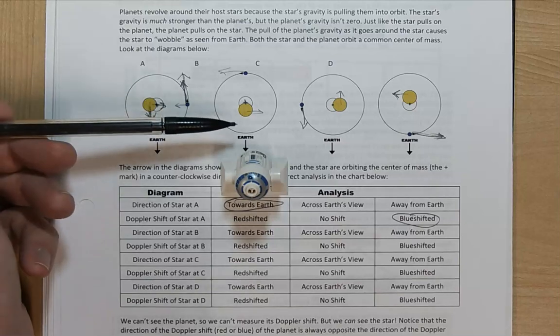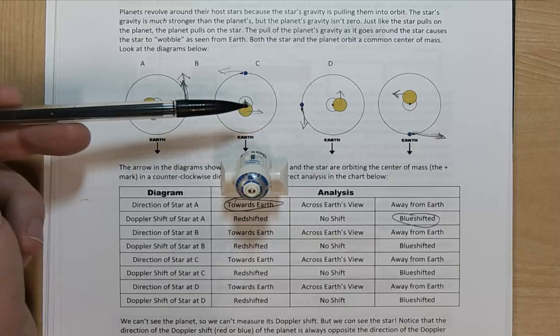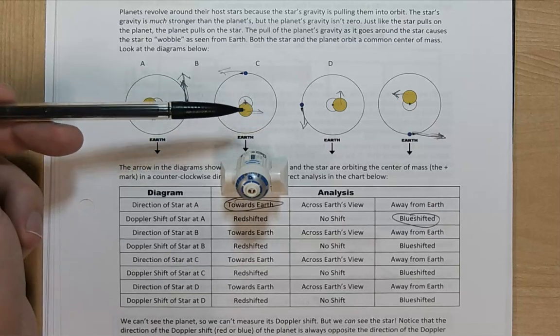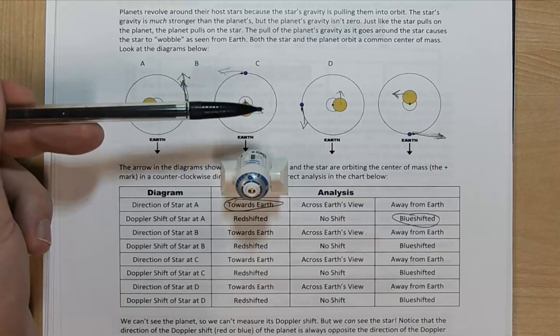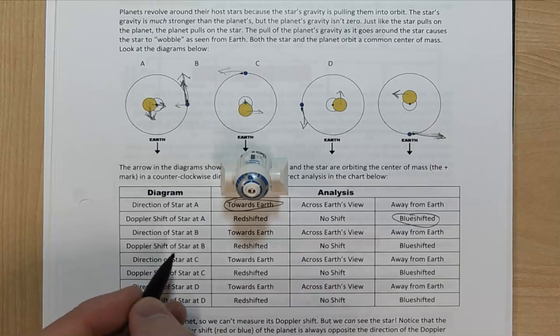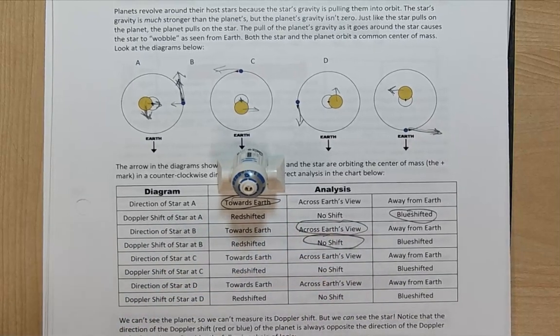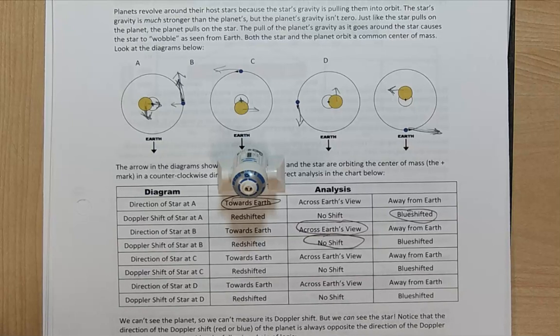The Doppler effect doesn't do anything if the star is moving side to side. Only if it's moving toward or away from us. So at B, the star is moving across our view, and therefore there's no shift in the star's spectrum at the instant of B.